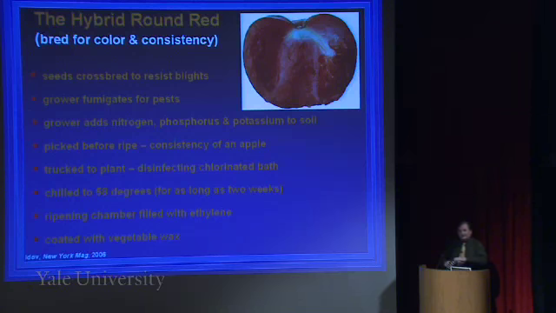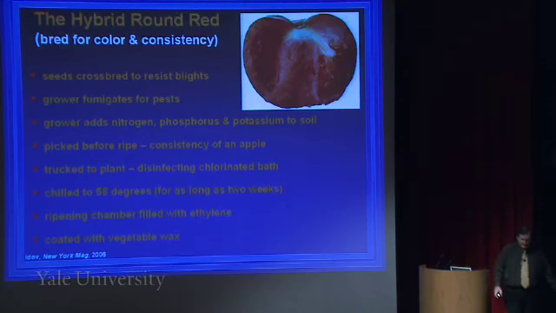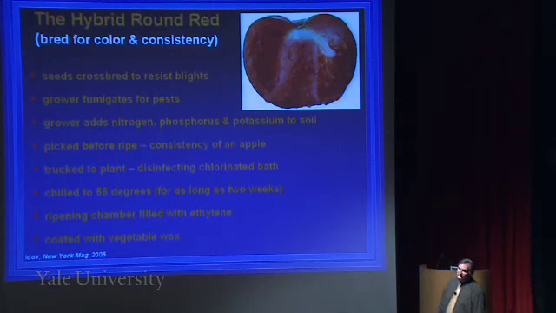You can come to your own conclusions about whether overall this is good or bad, because the upside is that we can get tomatoes any time of the year in any part of the country. The cost is relatively low. The shelf life is long, which helps the supermarket, and there's not as much waste and spoilage. But the cost is all those things, and the impact all those things have on the environment, potentially on our health. So there's good, there's bad, as there is with any of these things.